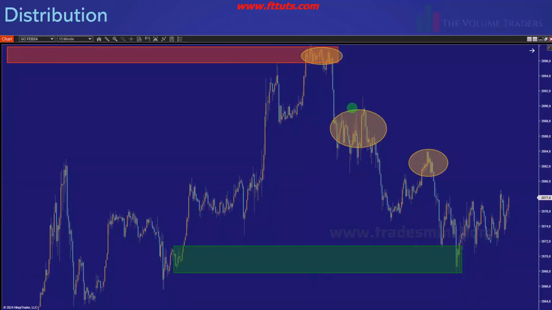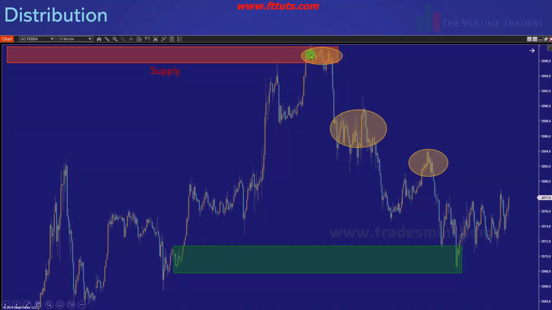And distribution is something opposite. The institution removes the floating demand of the asset by selling it. So we have supply. In this case, you can see the consolidation happened inside the zone.